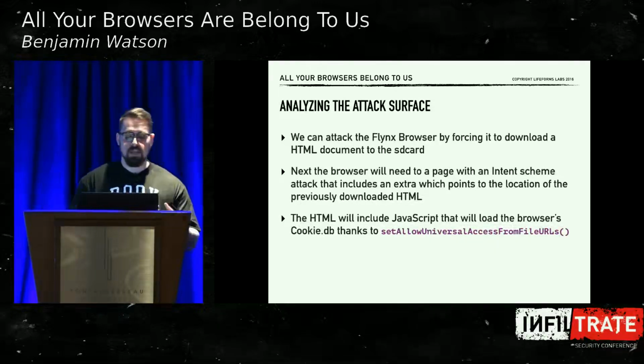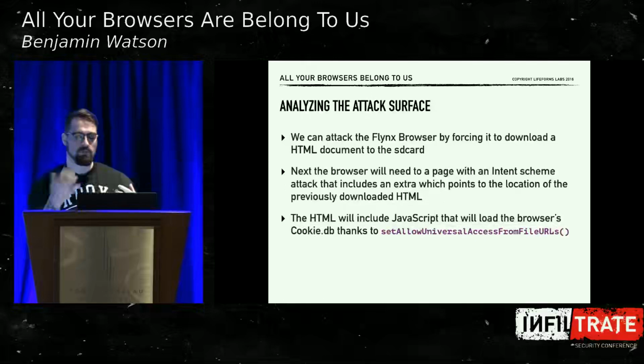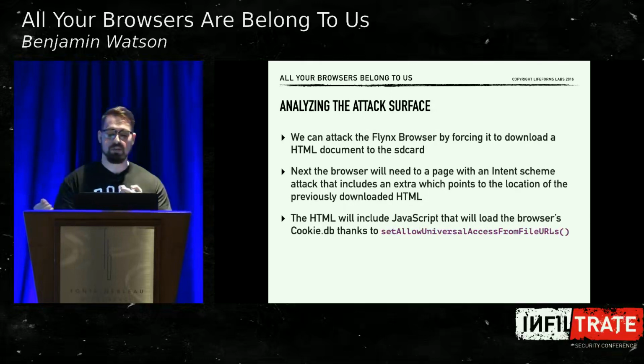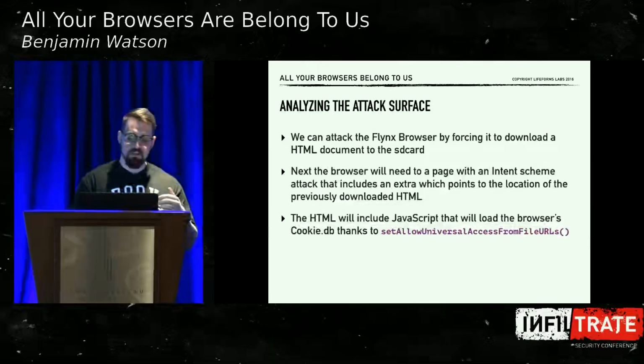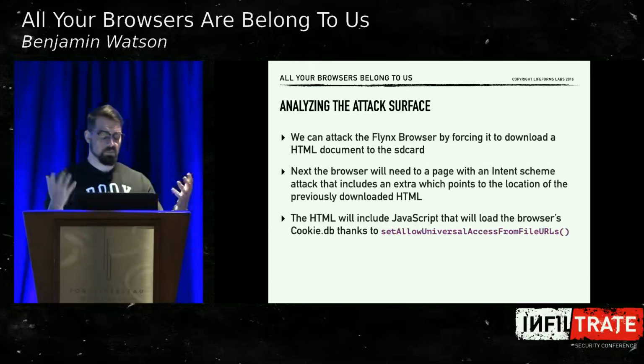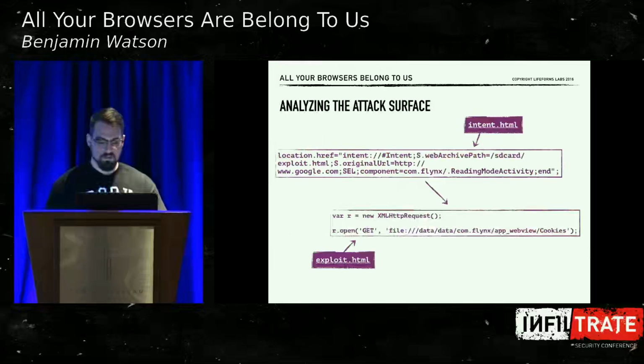And ultimately, we have everything that we need. The extra that gets loaded up into loadDataWithBaseURL is going to be the URL pointing to the SD card and our already pre-downloaded HTML. Now we're just going to load the cookie database inside of JavaScript because we can do that now with setAllowUniversalAccessFromFileURLs.